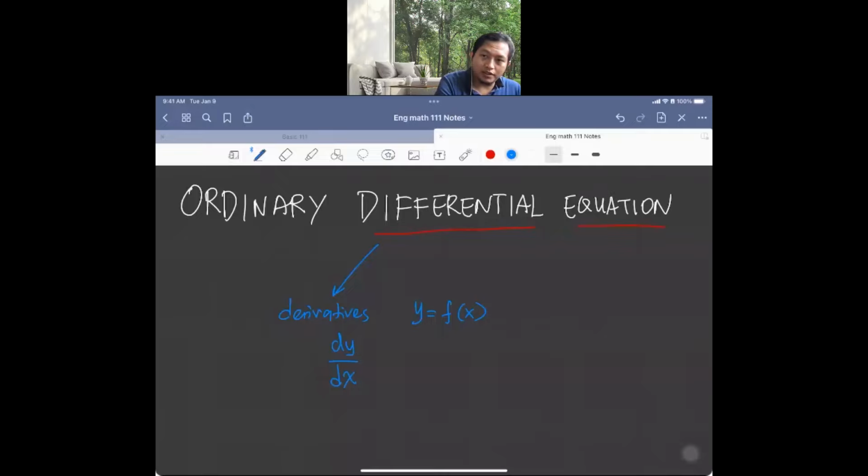But we can also rewrite this dy over dx as f prime x, or we can just say that this is y prime.